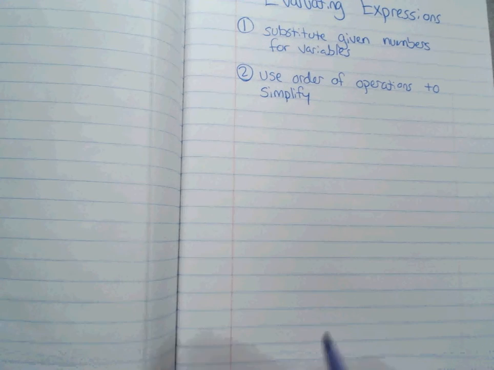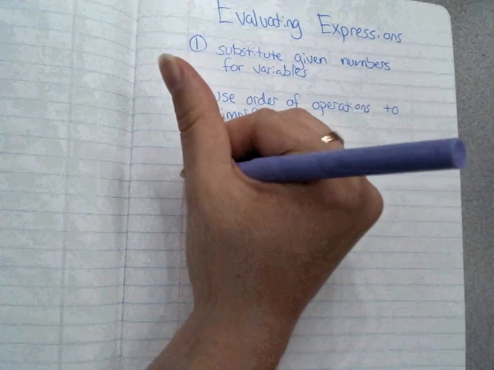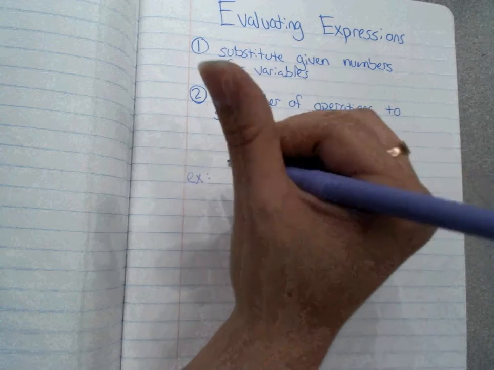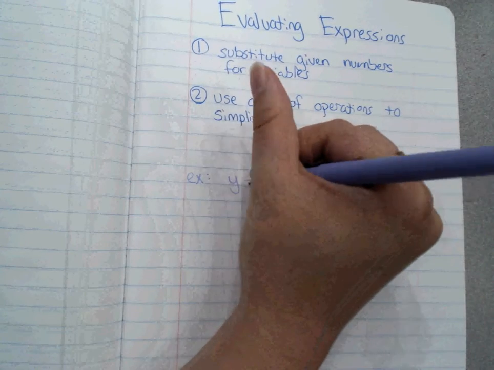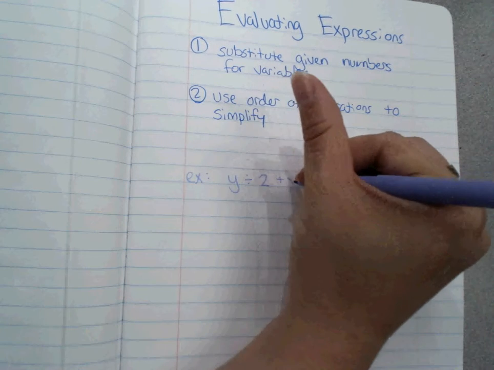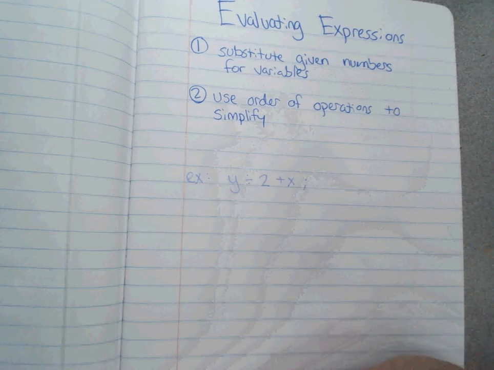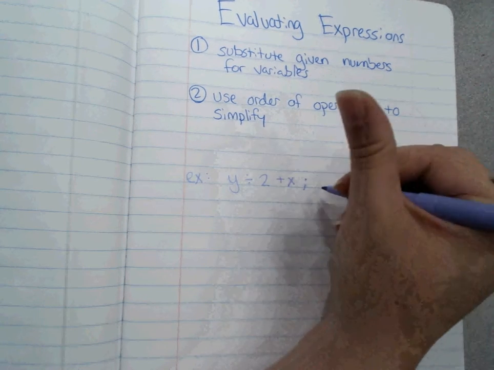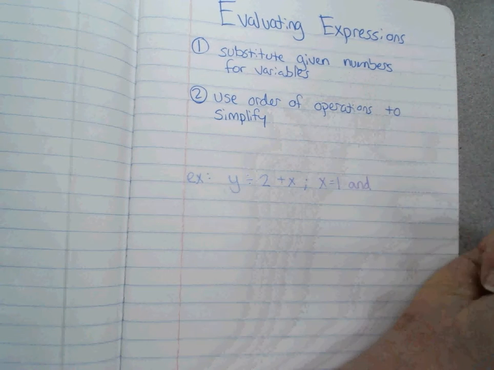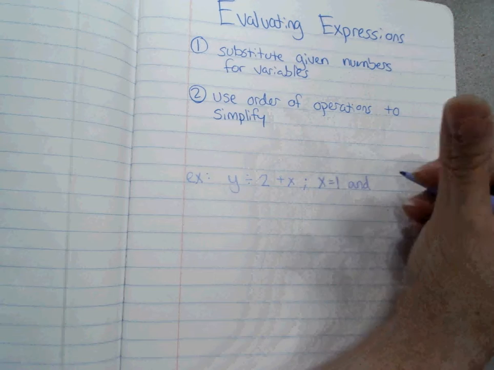Looking at an example, our first one, we can go ahead and try y divided by 2 plus x. After it gives you the expression, it'll usually say x equals 1 or any number. It will just give you the values for the variables. So x equals 1 and y equals 2.